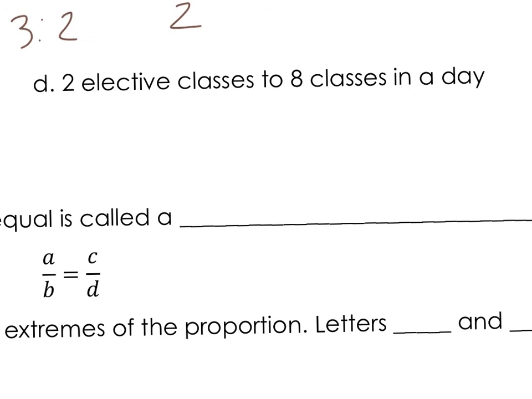D, let's change it up, we have 2 elective classes to 8 classes in a day. 2 and 8 both share a common factor of 2, so we can rewrite them as 1 elective class to 4 classes in a day, or 1 to 4.